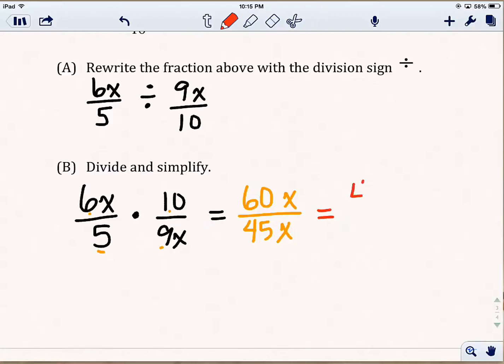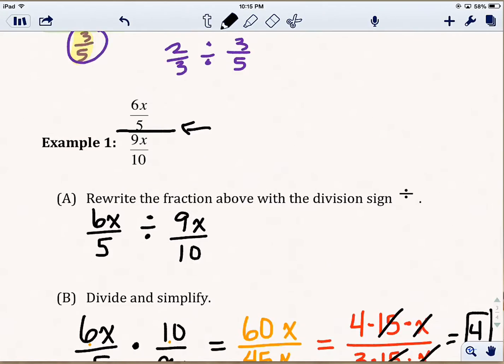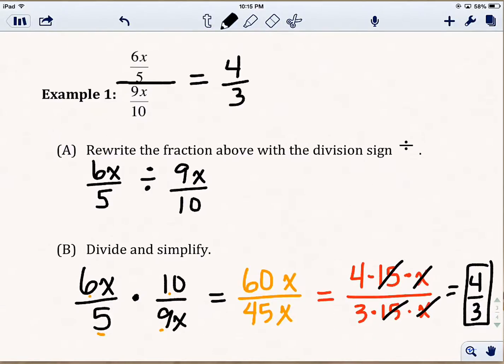So 60 is 4 times 15, and then I still have x. And 45 is 3 times 15, and then I still have an x. So if I divide out common factors, the numerator and denominator both have a 15, and they both have an x. So I simplify to the fraction 4/3. So it started as a really complicated looking problem, 6x divided by 5, all divided by 9x divided by 10, and it simplified down to 4/3.